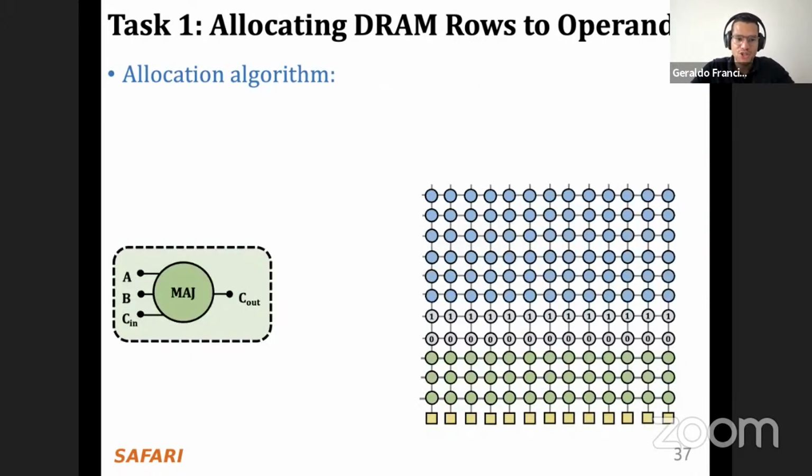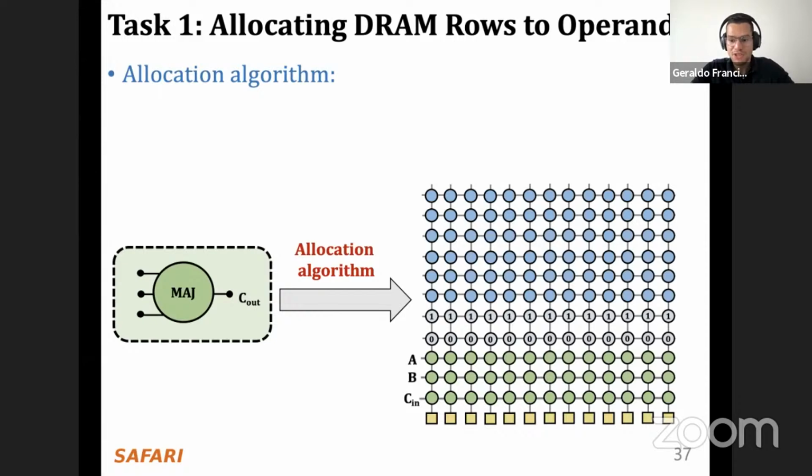Based on these two issues, we present a new allocation algorithm, which is inspired by the linear scan register allocation algorithm. Our allocation algorithm takes as input the majority-NOT implementation of the operation generated in step 1, and starts by assigning the input of each majority logic primitive to the available compute rows, one at a time.